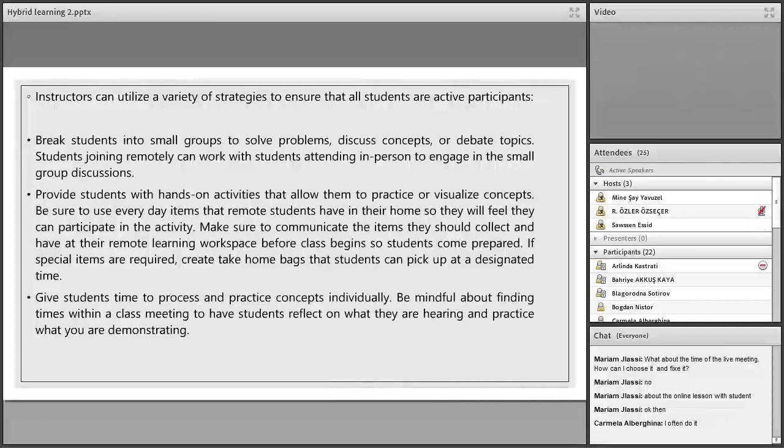Then you can give students time to process and practice concepts individually. Be mindful about finding times within a class meeting to have students reflect on what they are hearing and practice what you are demonstrating. So here, when I say give time to process and practice to our students, it means that we need to give them some thinking time.